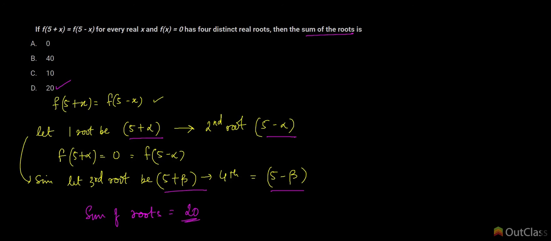Now it's interesting to also look at this graphically. F of 5 plus x is equal to f of 5 minus x is basically a graph which is symmetric about the line x equal to 5. So some function that might look like this.